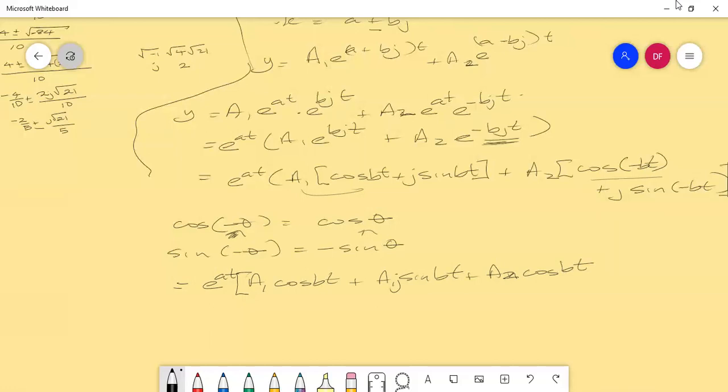And now, with the sine, I'm going to take out the minus sign and put it out here. So this minus is going to go, and I'm going to get minus a2 j sin bt.